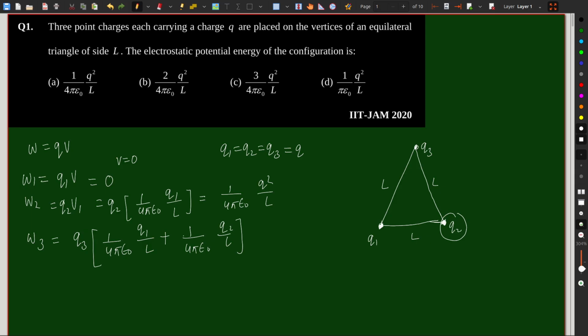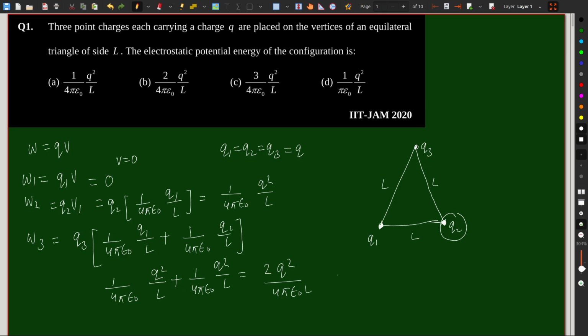All charges are equal. So Q3 Q1 becomes Q square, and Q3 Q2 also becomes Q square, over L. That is 2 Q square over 4 pi epsilon naught L.